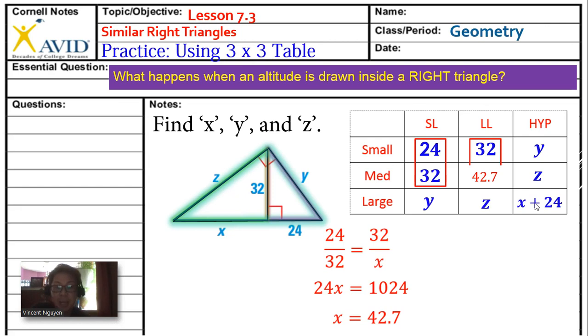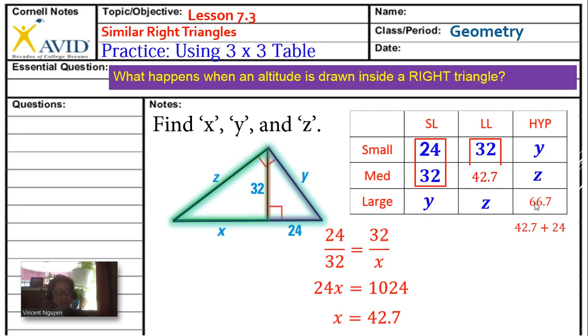So there is my large triangle. Now, I've already found x, so I could fill out the hypotenuse of the large triangle with 42.7 plus 24, which happens to be 66.7. So I could replace that with that, right?